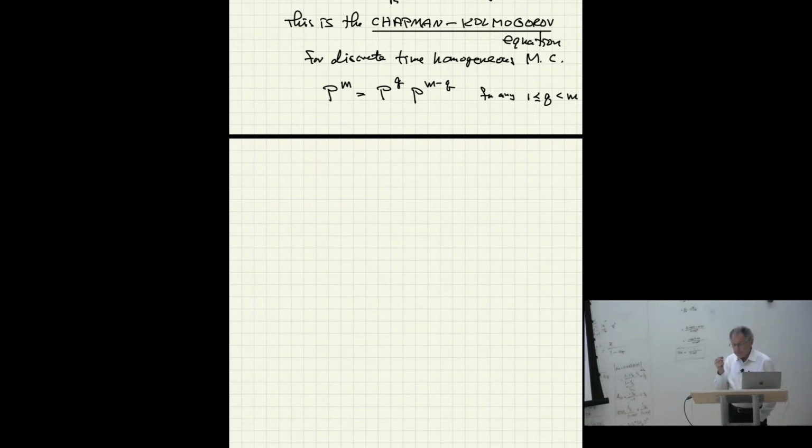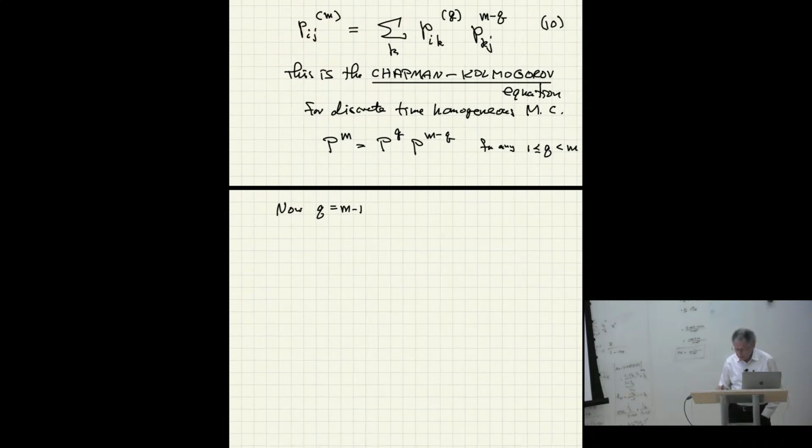Now I want to choose a particular value for q. There are 2 important values. First of all, by choosing q equal to m minus 1, right at the end, the equation that I've called number 10 becomes: P sub ij in m steps is the sum over k, all the intermediate states, of going from i to k, P sub ik, in m minus 1 steps.